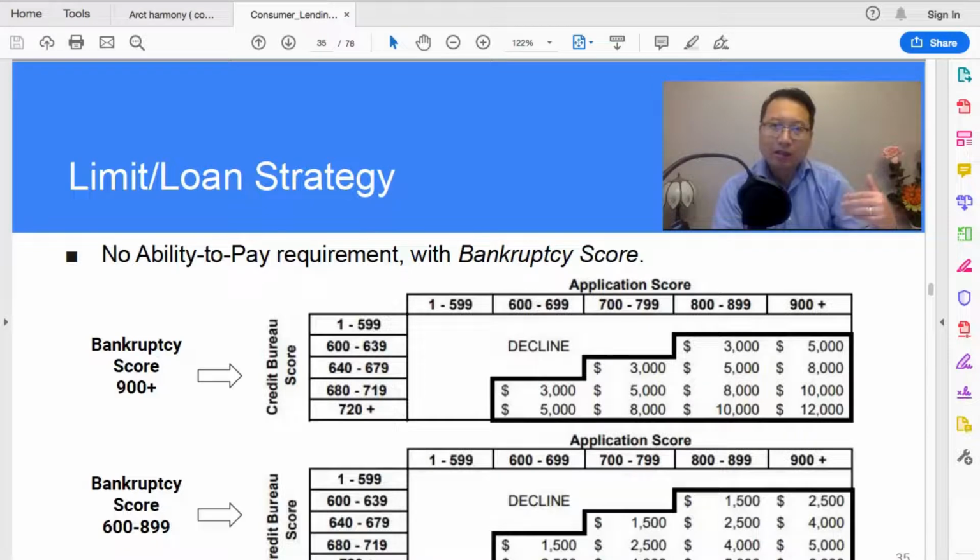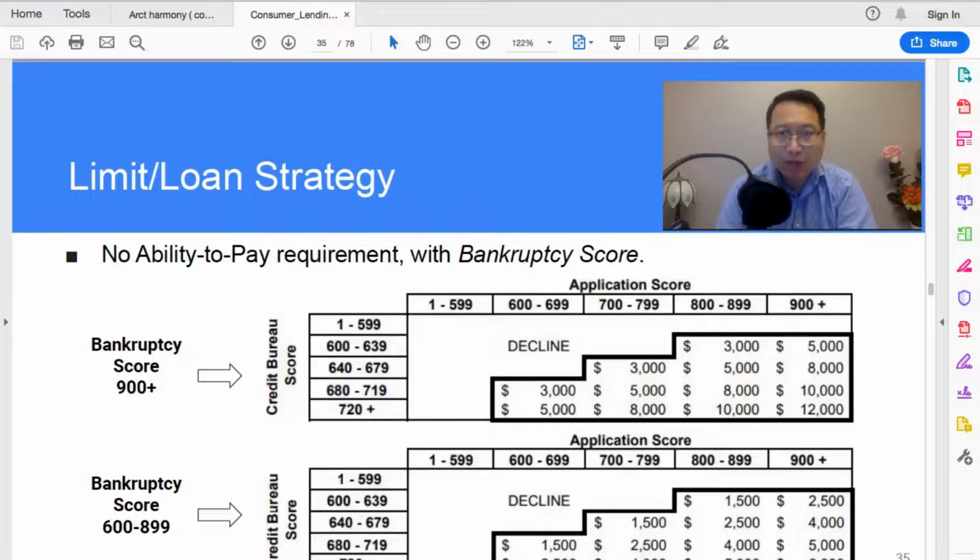Similarly, you can use other decision elements like banking relationship, right? So if the customer has an existing banking relationship with a lot of money in their DDA accounts or deposit accounts, you can give them a higher limit relative to those without any banking relationship.